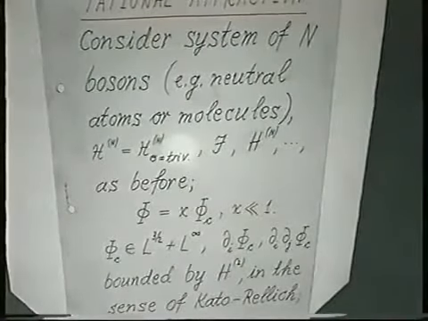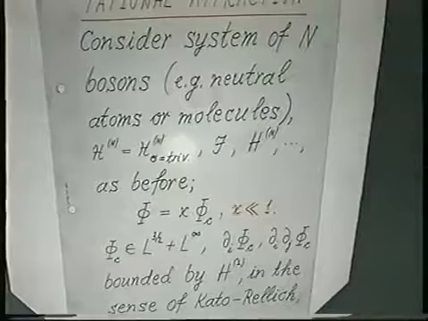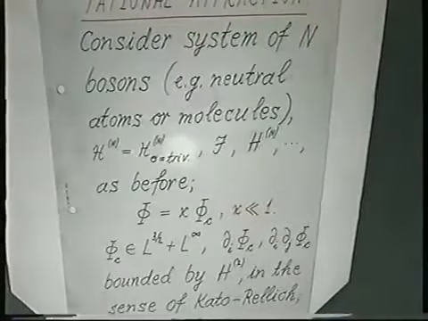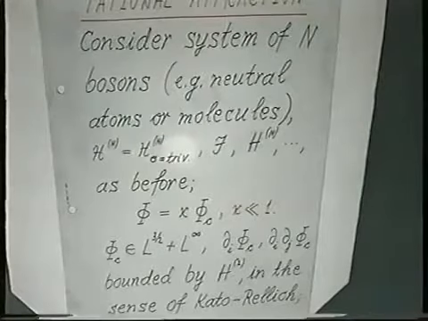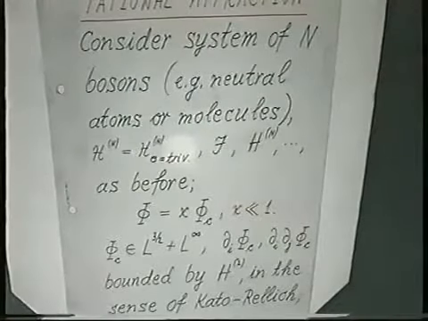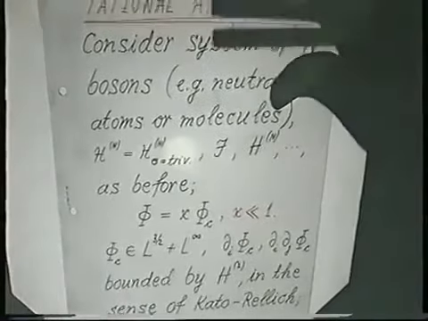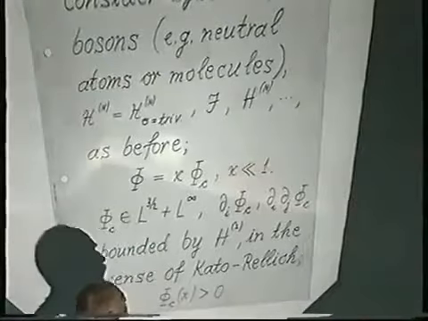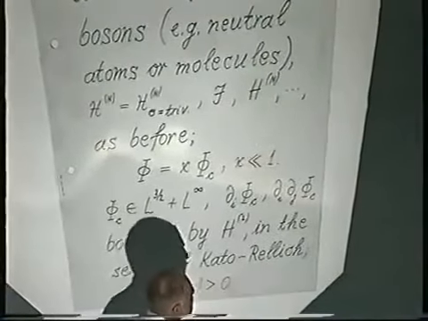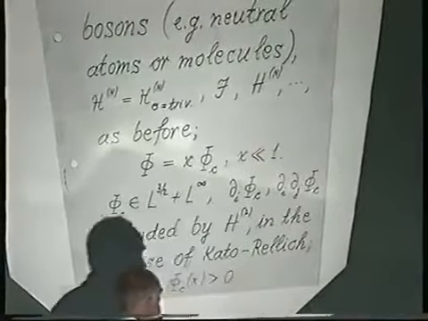This is a good thing when you look at, say, van der Waals forces between atoms, because in comparison to typical kinetic energies, the potential energies are small. So the potential phi_c should be at least in L^{3/2}, and for various purposes, we need some bounds on first and second derivatives of phi_c.